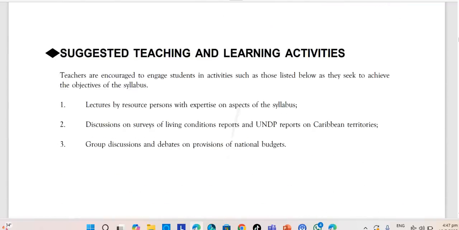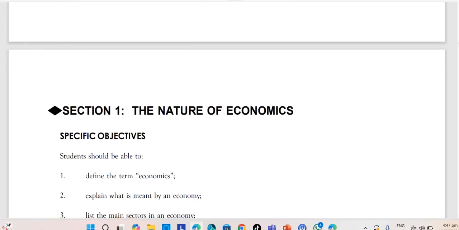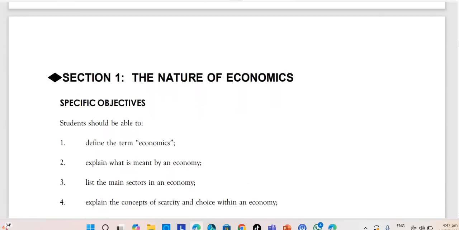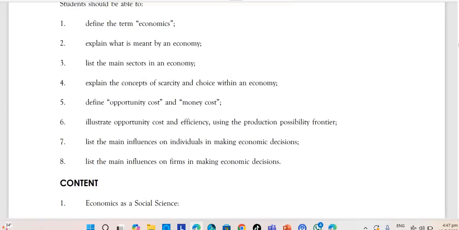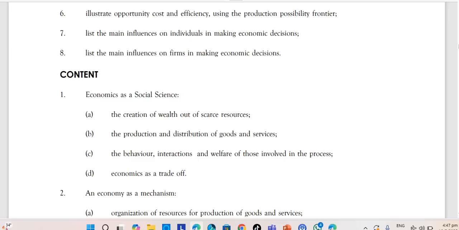All right, guys. So we're going to begin with section 1, which is the nature of economics. Students should be able to define the term economics. Now we're going to look at economics as a social science.